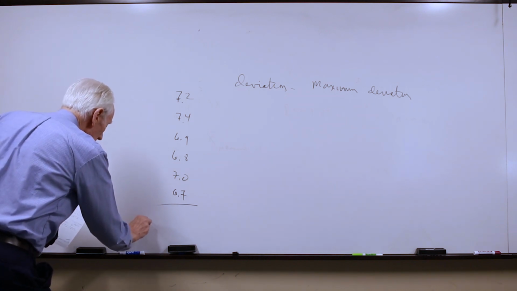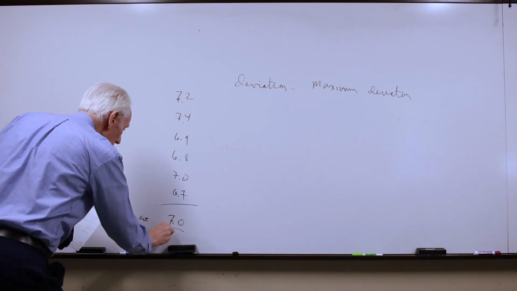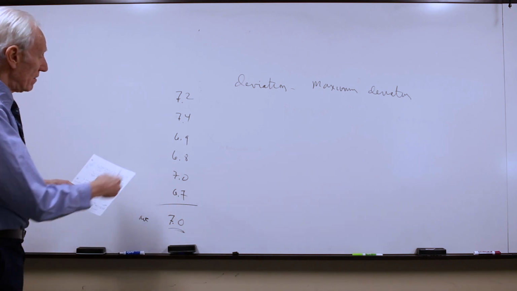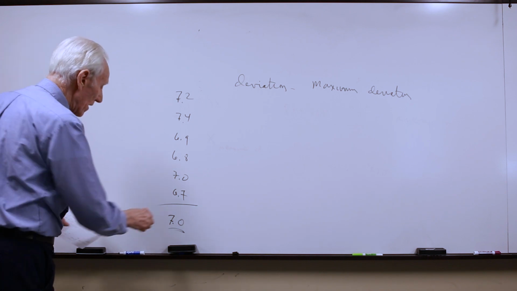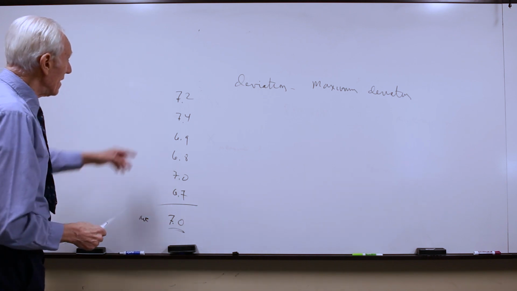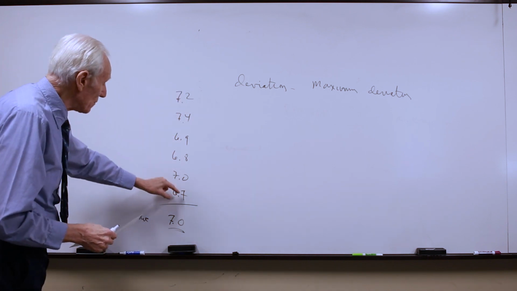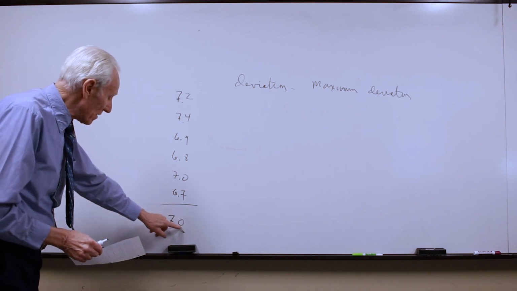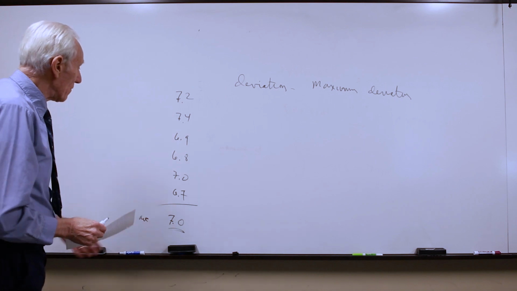And if I do that, you get 7.0. These average to exactly 7.0 to the 10th place. I write it this way, not just 7, because I did make these measurements to the 10th decimal place, and I want to make sure that I don't lose some information.